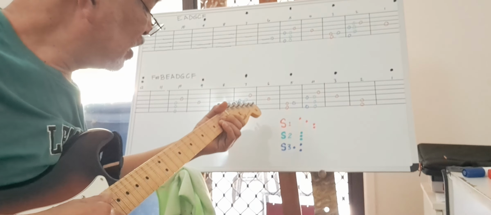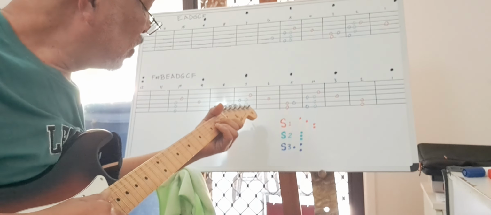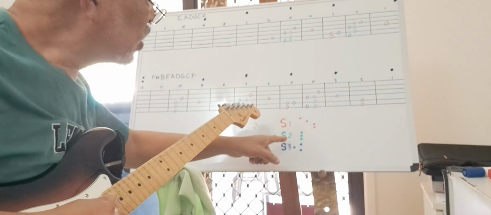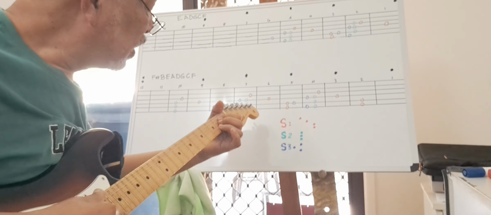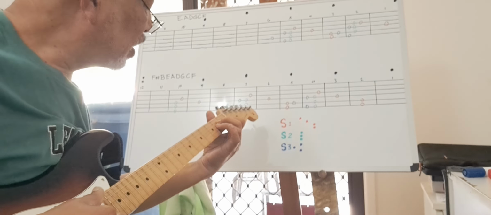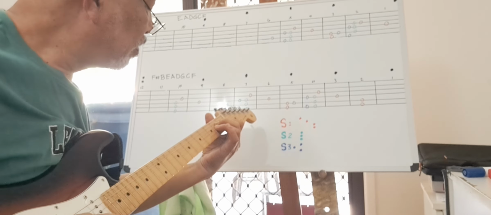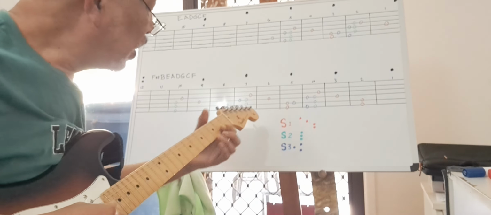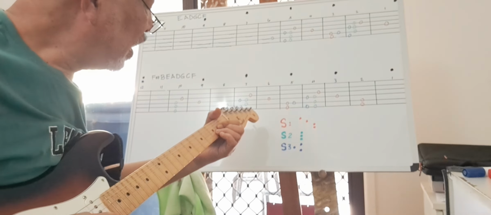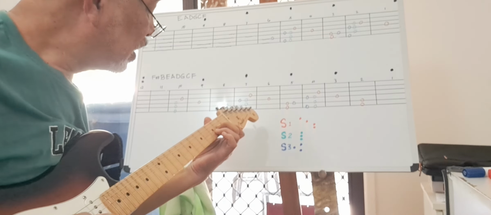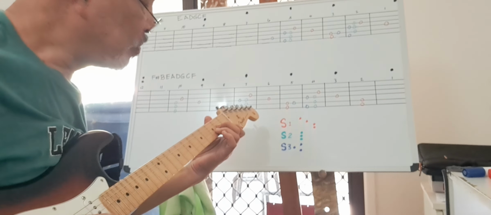A lot easier. If we do minor on shape 2, instead of that, just normal A minor shape. And on shape 3, which is like D, just normal D minor shape.